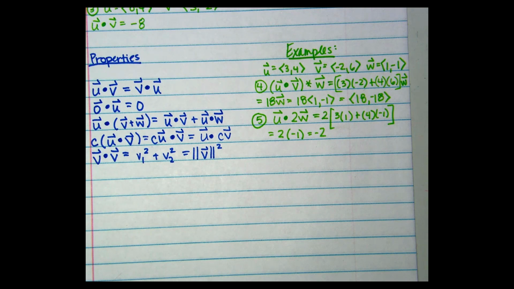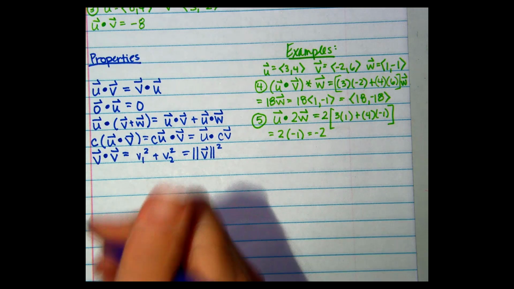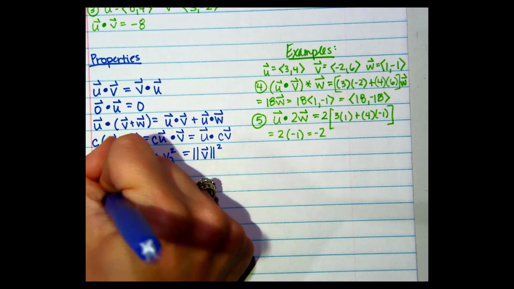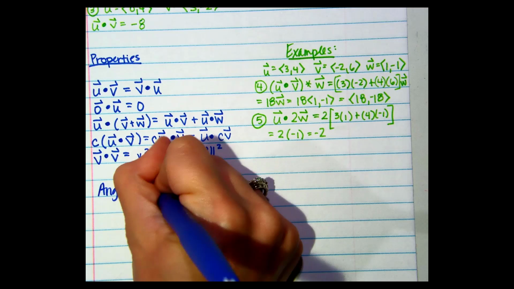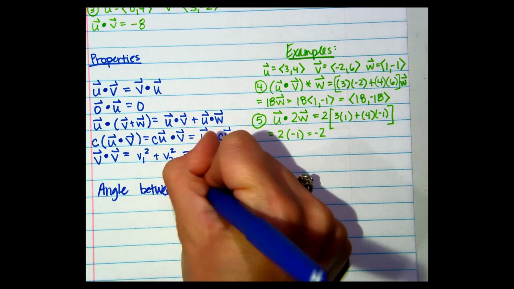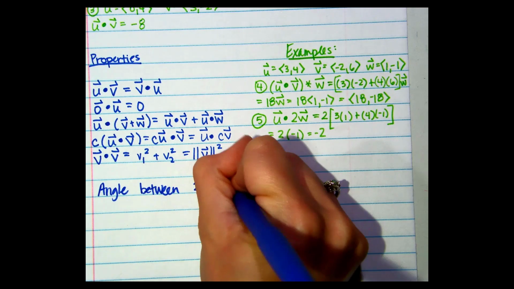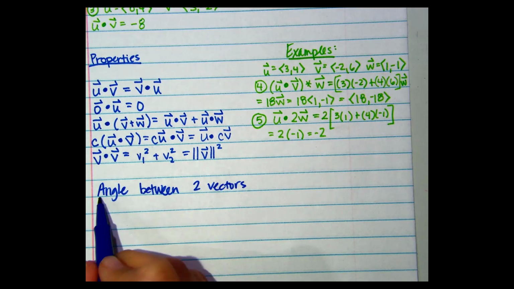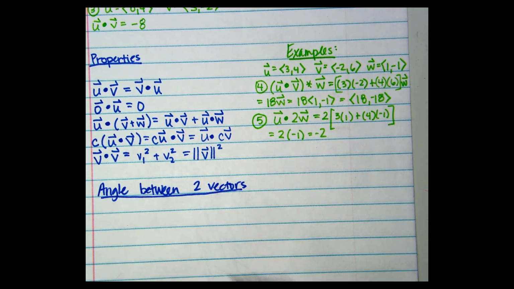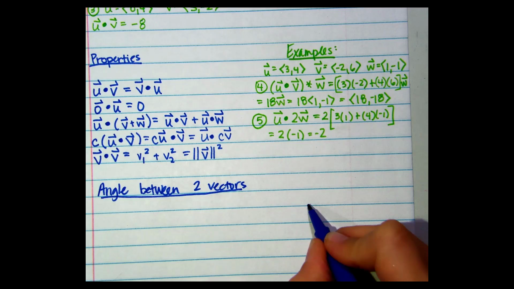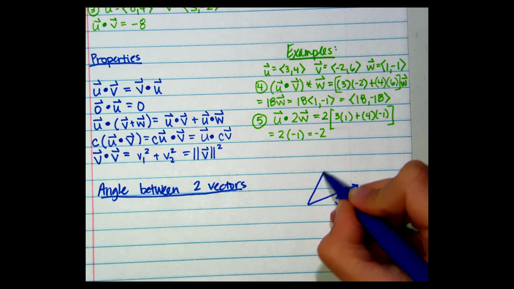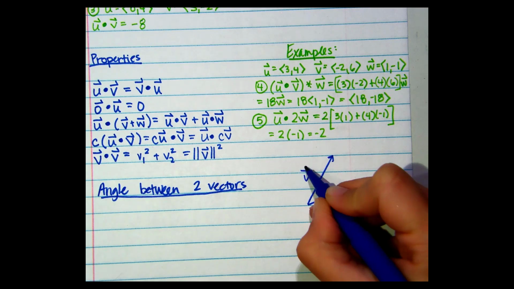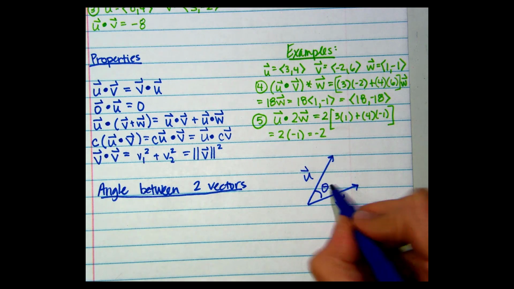Okay, so what do we use a dot product for? Well, the place that a dot product is probably the most helpful is when we're discussing the angle between two vectors. So let's say I have some vector v and some vector u, and I'm trying to describe the angle between them.